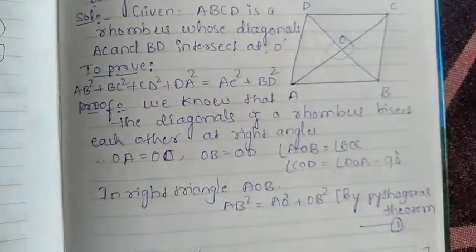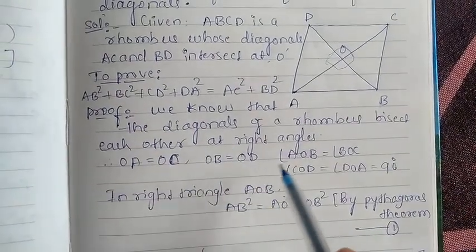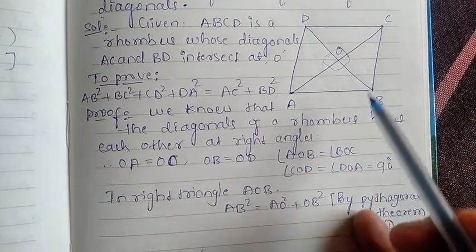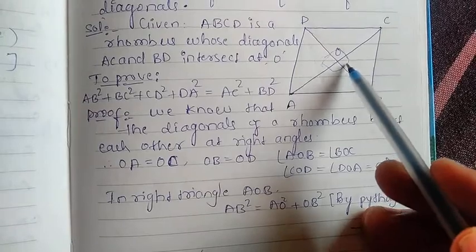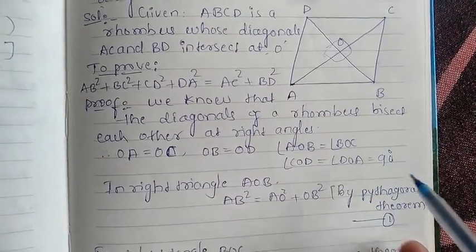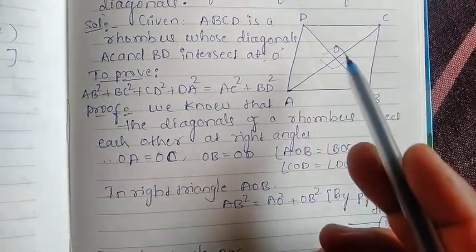Then angle AOB is equal to angle BOC, because perpendicular bisect means each angle formed is 90 degrees. So here there are four triangles, and each is a right angle triangle.